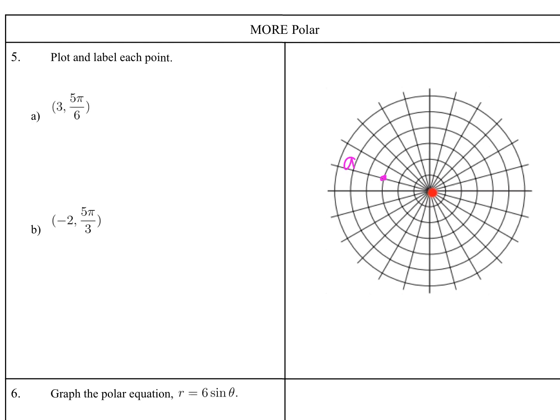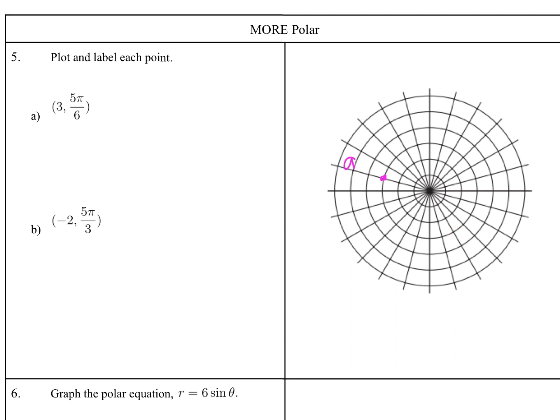So 5 pi over 3 is going to bring me around to here. Wait, where am I? Here? Pi over 6, pi over 4. My brain just fell out. That's pi over 6. And that's going to be pi over 2, so that's pi over 4. So that's got to be it.